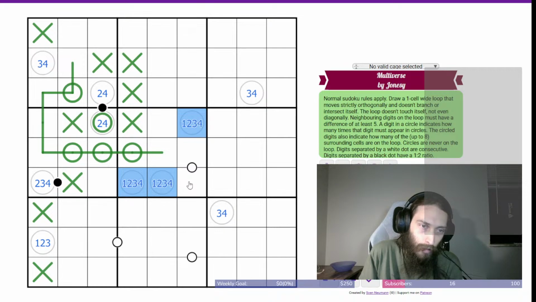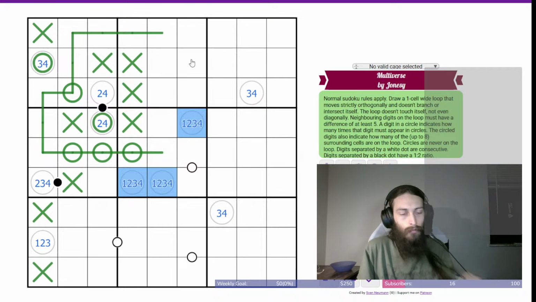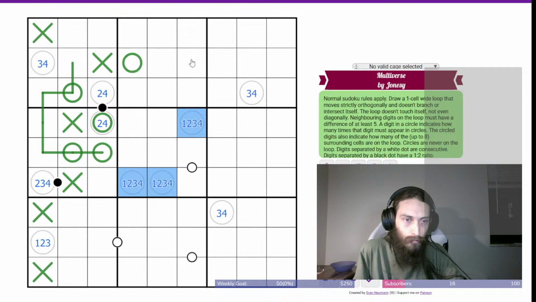And then it would have to continue that way. That's a 4. Maybe there's something simpler.